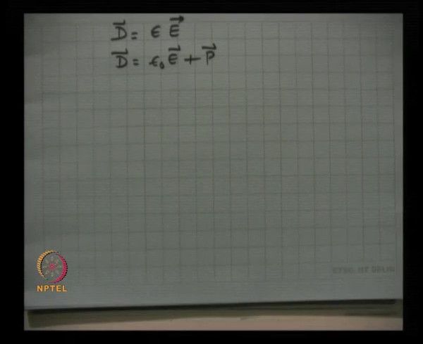D is nothing but epsilon 0 E plus P, polarization. And what is polarization? Polarization is the dipole moment per unit volume. So, when an electric field is applied to an atom, there is a displacement of positive and negative charge centers that makes dipoles, and usually the dipole is oriented along the direction of the electric field.